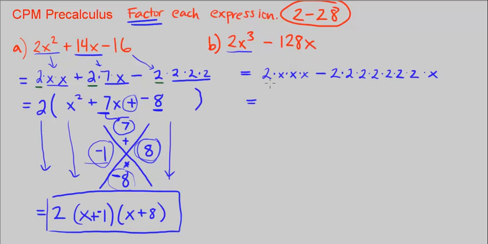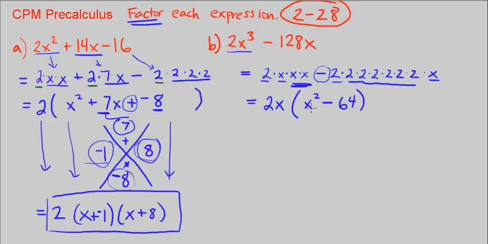Then I look here and see that both of these terms have a 2, and both have an x. So I could take out 2 and x. What I'm left with is x times x, which is x squared, and 2 times 2 times 2 times 2 times 2 times 2, just six 2's, and I still have subtract, so minus 64.